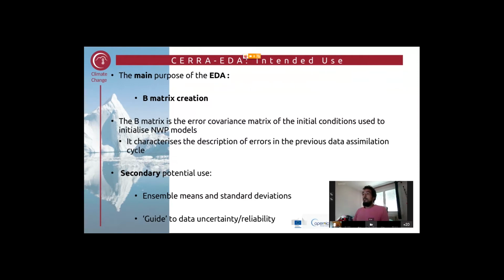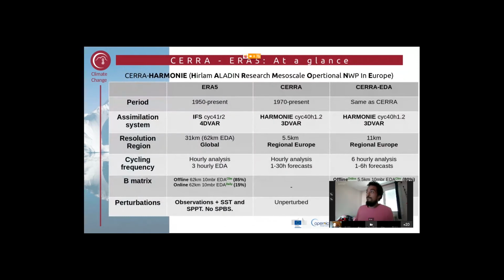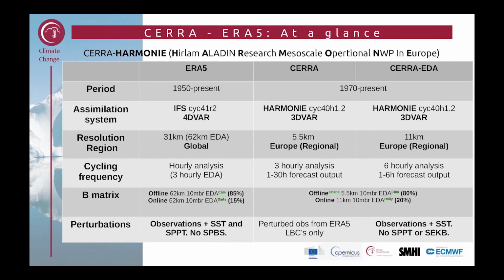So at a glance, I thought it would be good to compare the ERA 5 data set, which, as many people have said before me, is a very successful project. But ERA 5 is actually acting as an input to the limited area model that we're using for CERRA in Harmony.